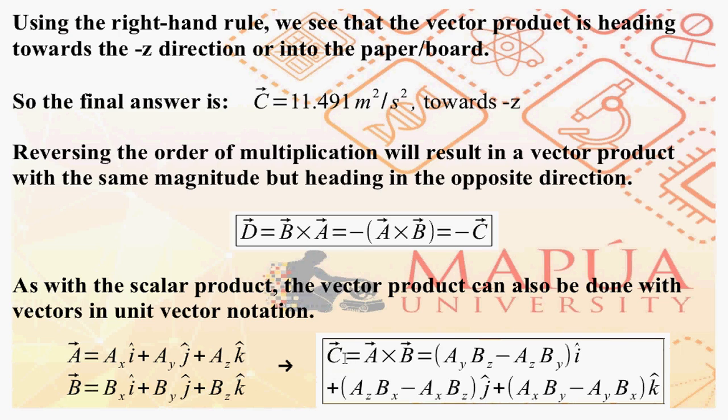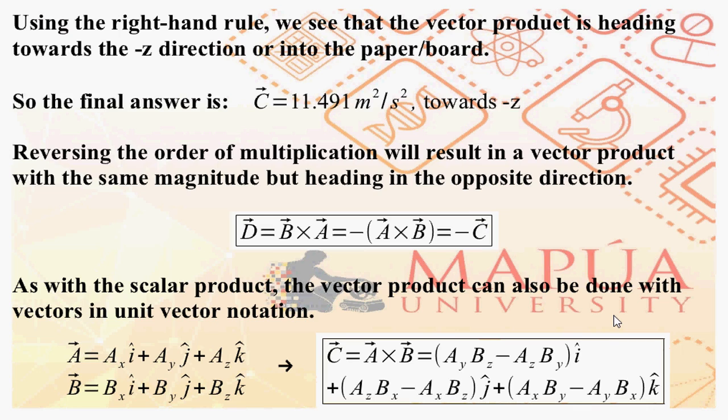Vector product C is just equal to (AY BZ minus AZ BY) times i hat, plus (AZ BX minus AX BZ) times j hat, plus (AX BY minus AY BX) times k hat.